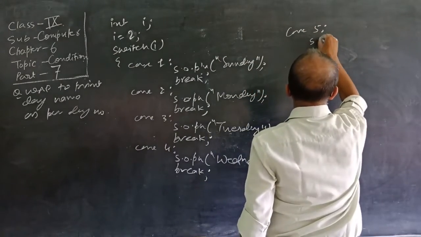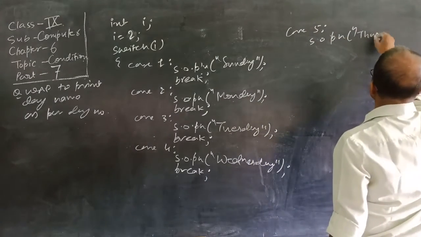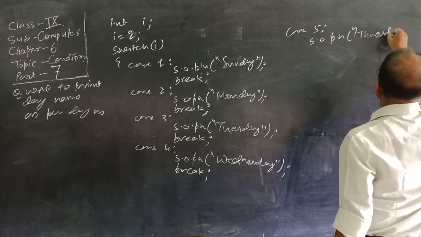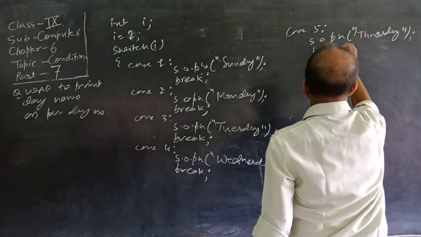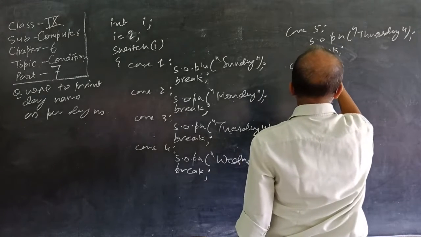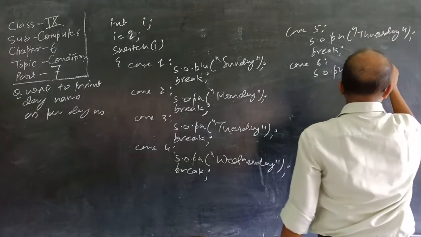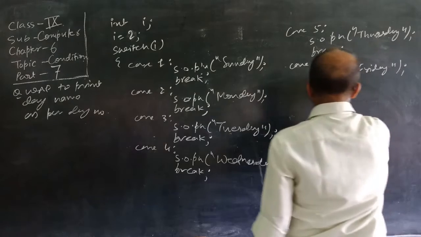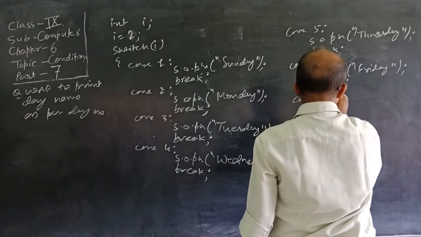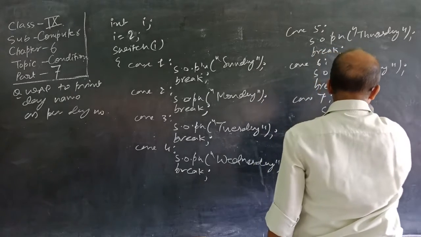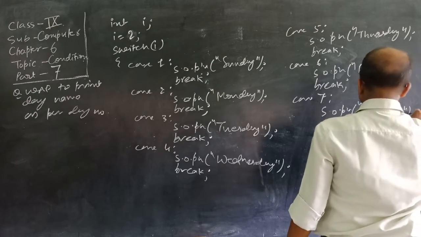Case 5: System.out.println Thursday, break. Case 6: System.out.println Friday, break. And case 7: SOPLN Saturday, break.